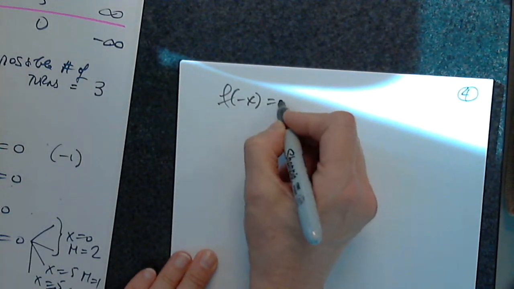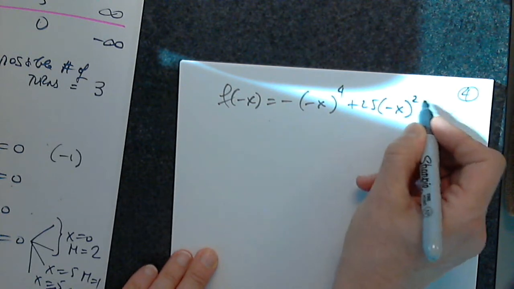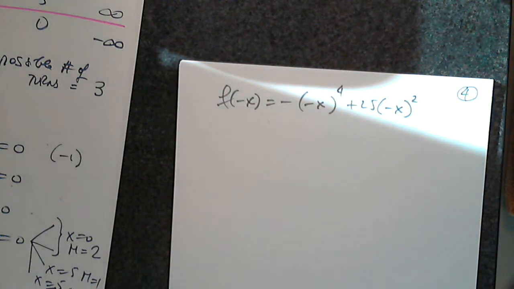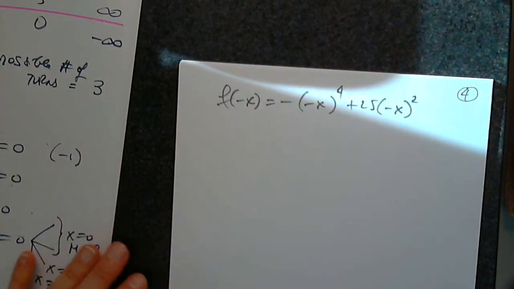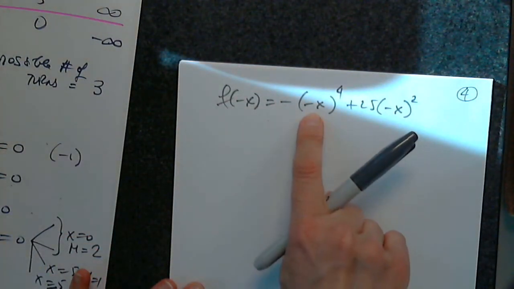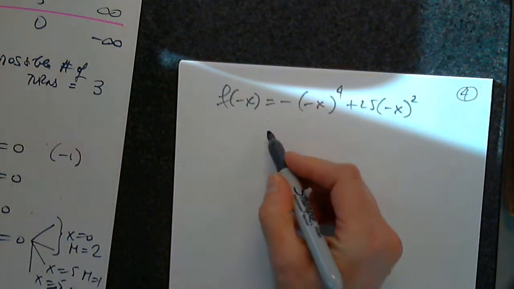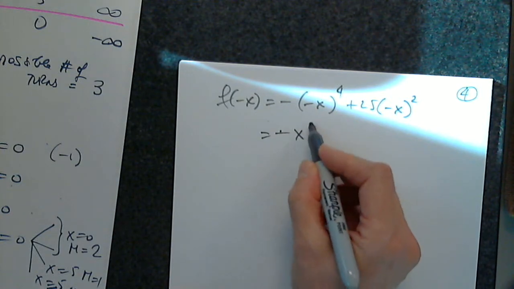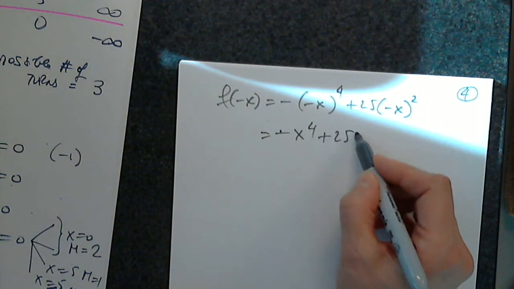F of negative x equals negative x to the 4th plus 25 negative x squared. So when I study symmetry, I have to replace x by negative x. Nothing happens here because it's the same. Negative x to the 4th will be x to the 4th, with minus in front is negative x to the 4th. Negative x squared is x squared multiplied by 25.